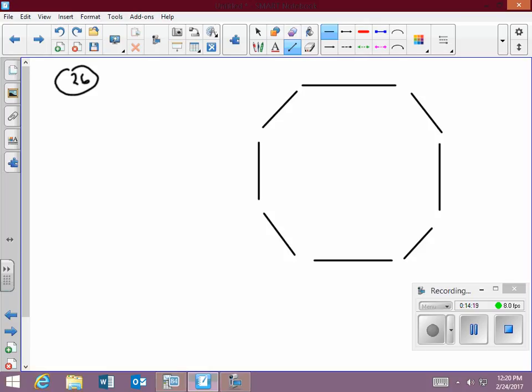Kind of close. And what they want is vertex to vertex, and this goes through the center. So this is the center, and they call this V.